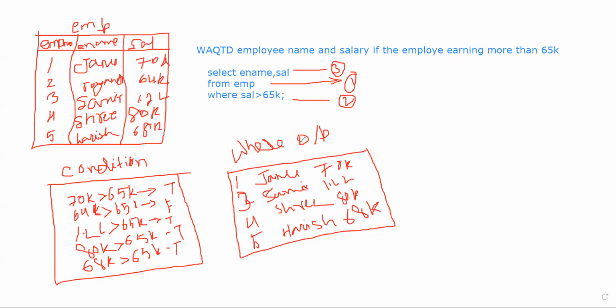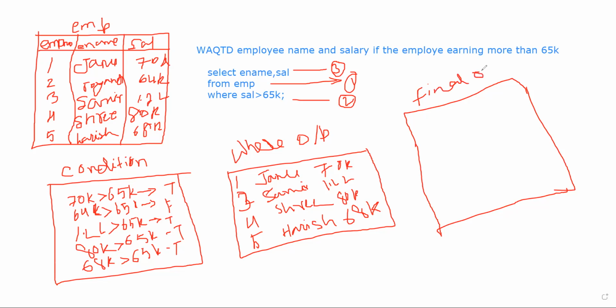Then what is the final output? Janu 70K. Check the condition. E-name and salary. I need to execute, right? This is the third. Then the last condition is the final output, right?